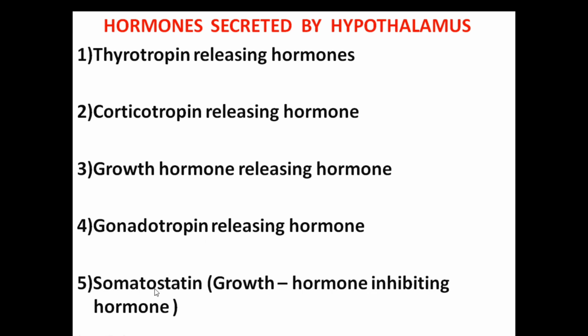Fifth one is somatostatin or growth inhibiting hormone, which helps to control the release of growth hormone. And also it secretes vasopressin and oxytocin, which are stored and secreted by the posterior pituitary gland. These are the hormones which are secreted from the hypothalamus. Next we can see the blood supply of the hypothalamus.